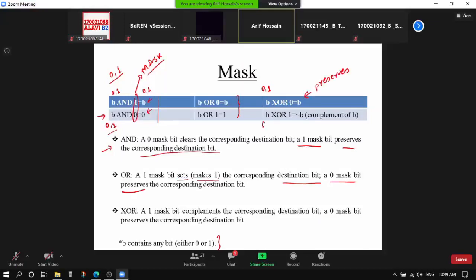If the value of B is 0, and if you perform 0 XOR 1, you will get 1. If the value of B is 1, and if you perform 1 XOR 1, you will get 0. So you see, your corresponding bits are complemented or reversed. That's why B XOR 1 will complement the bit. So that's why it says a 1 mask bit complements the corresponding destination bit, and a 0 mask bit will preserve the corresponding destination bit.